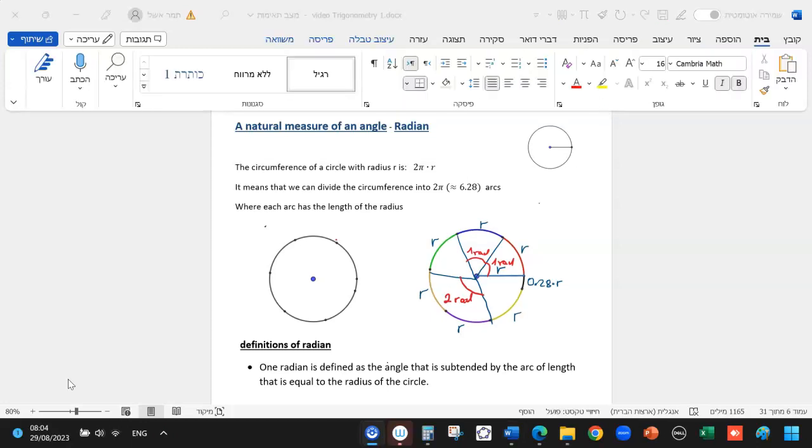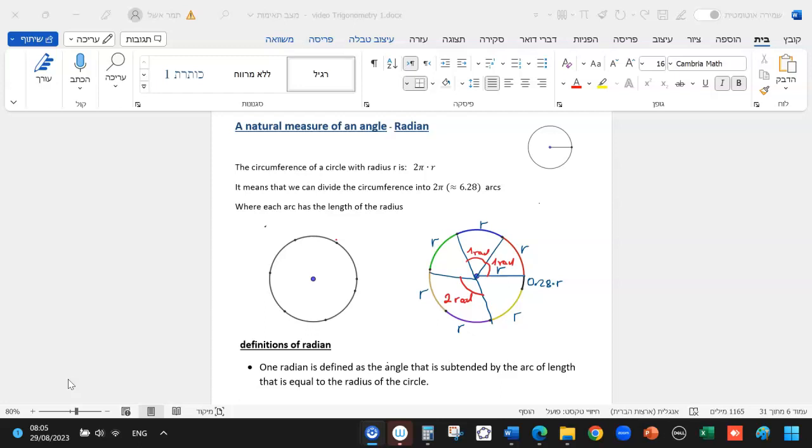When measuring in radians, we divide the circle not into 360 degrees, but into 2 pi, that is around 6.28 radians. 2 pi is not an arbitrary number like 360.